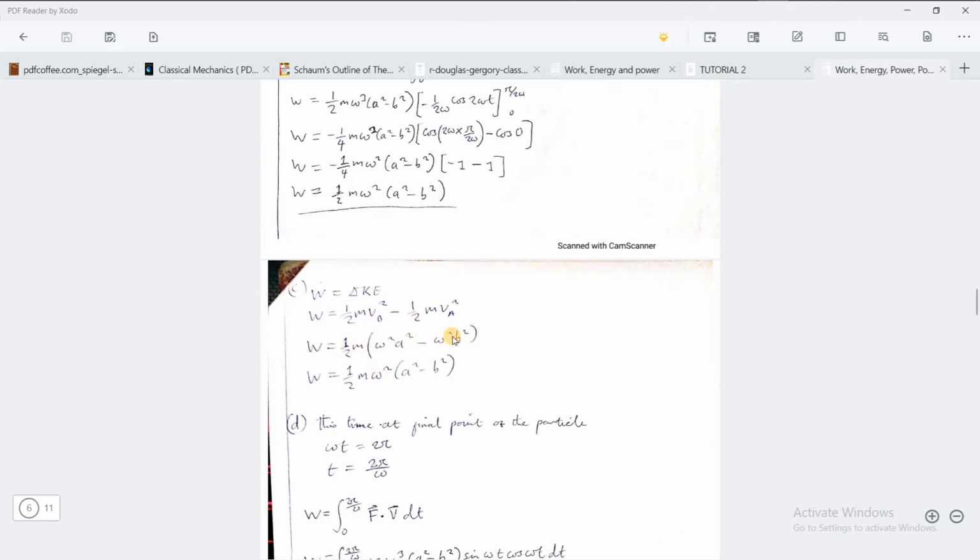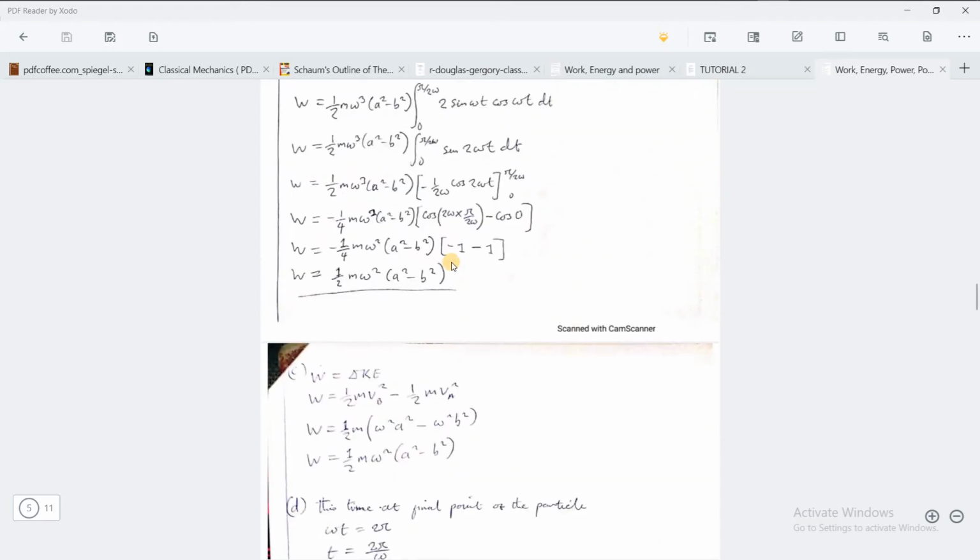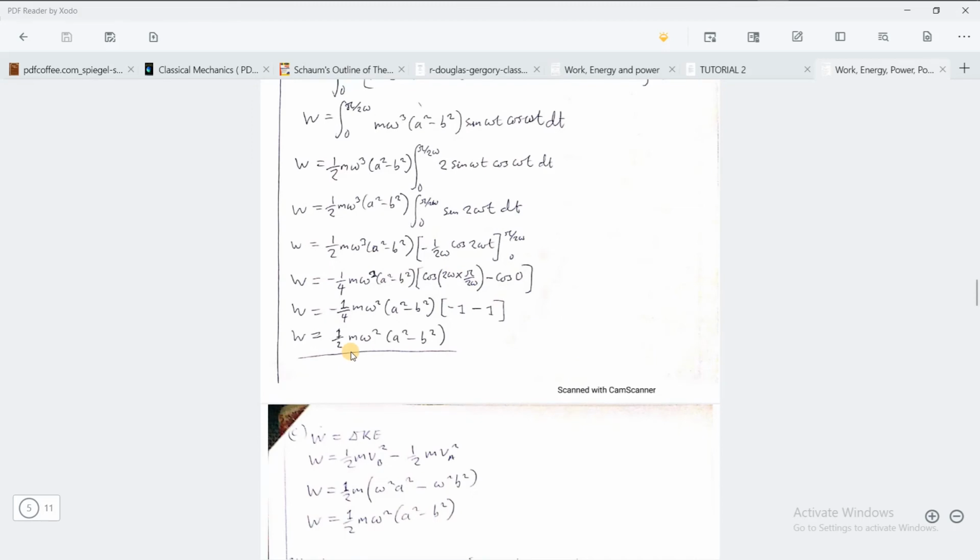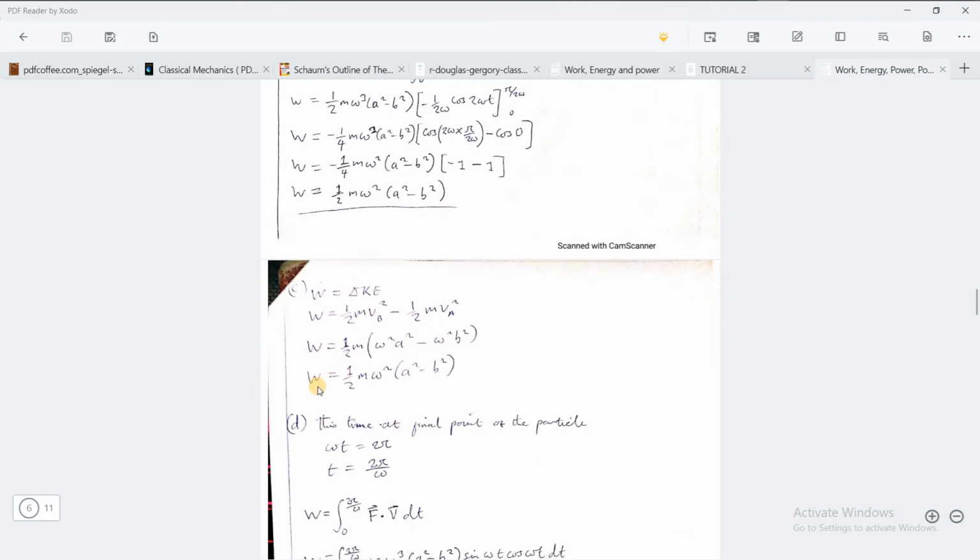This expression here. Taking the difference gives us half m omega squared (a squared minus b squared), which is just equal to the work we found in B. So this work is equal to this work. Hence we have proved that the energy principle is obeyed. This is equal to that.